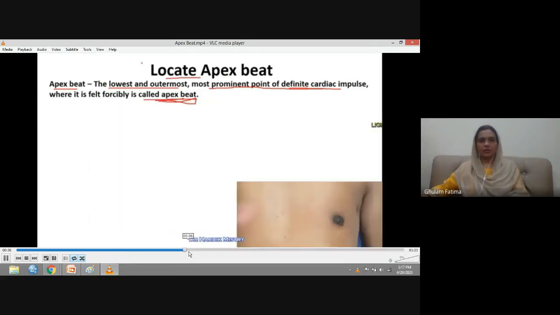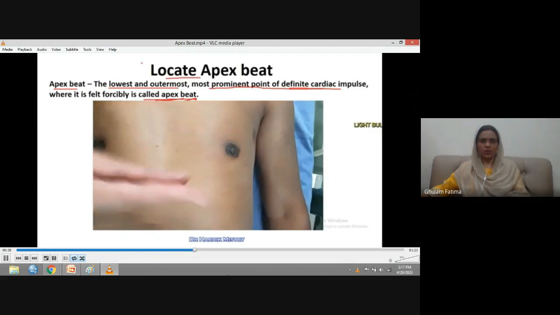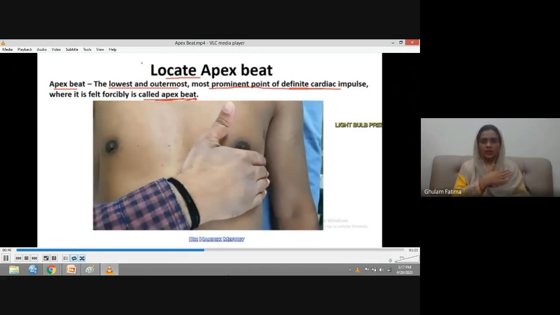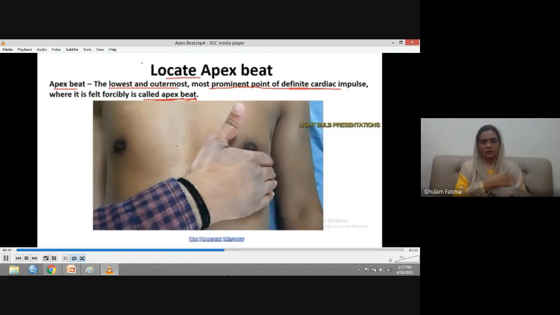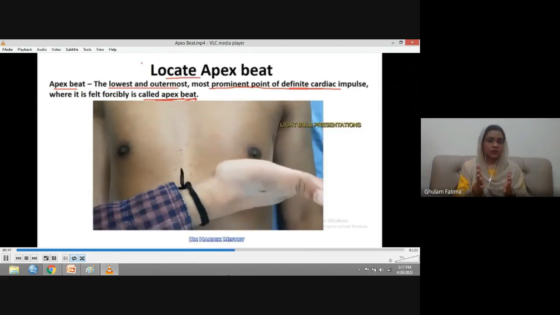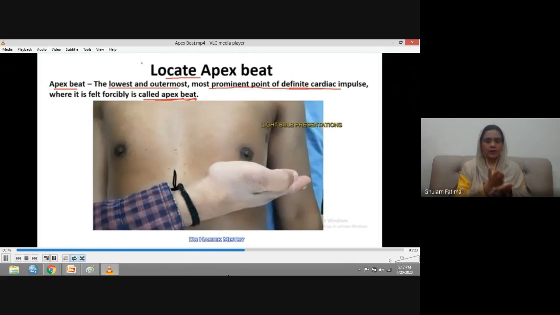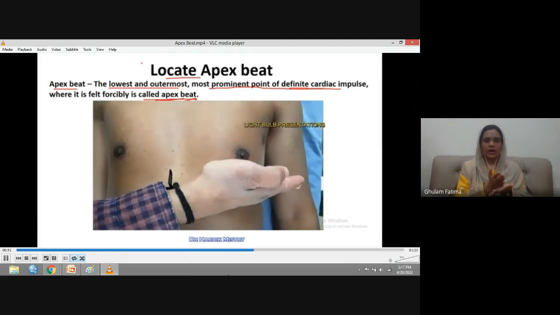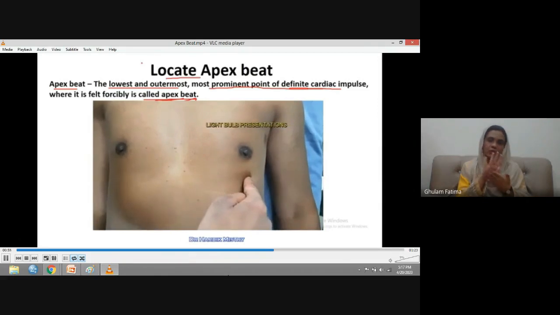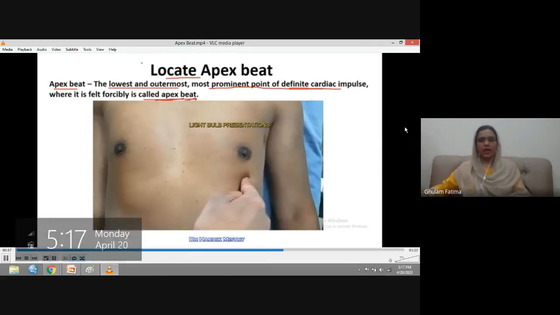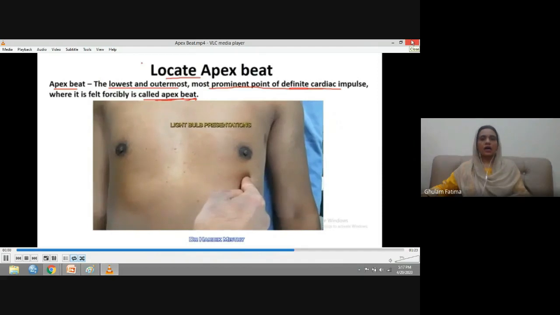I would like you to look again: warm your hands, place a full palm on that part of the body, on the chest, especially at the fifth intercostal space, and then place your ulnar border, and you will feel the beat beneath your ulnar border and your palm. That is the point where the apex of the heart is located.